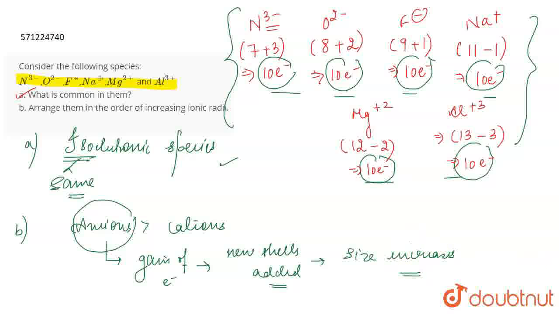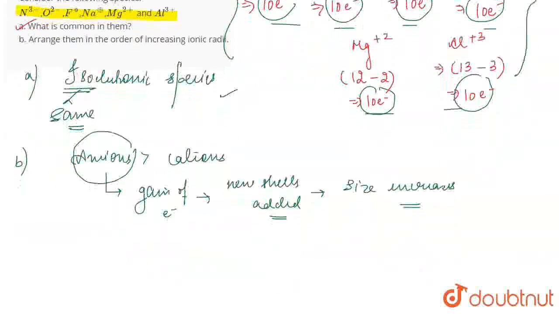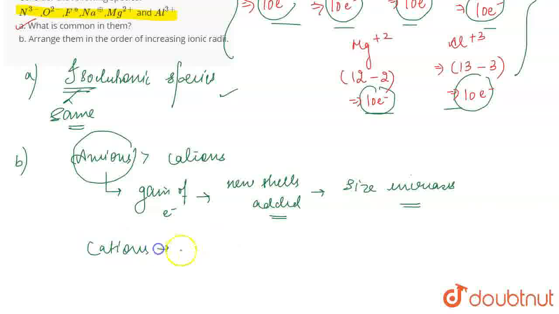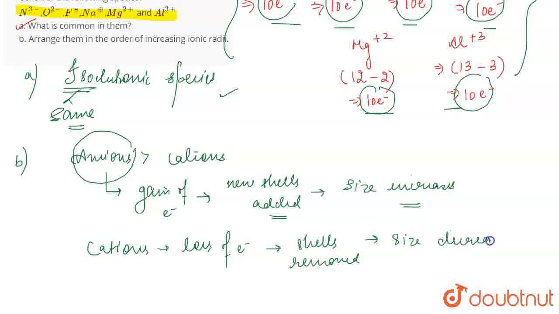Whereas in cations, there's a loss of electron. So whenever there's a loss of electron, the shells can be removed, right? There's a possibility that the removal of shells take place. This leads to a decrease in size.